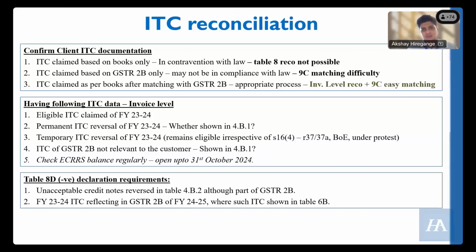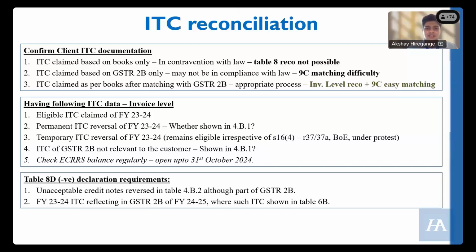Section 16(2)(c) of the law requires that for credit claim, condition of credit claim is that I need to ensure tax is paid to the government. Even though I am paying tax to my vendor, I need to ensure he has paid it to the government. The way to verify this is whether he has filed his GSTR 3B. Wherever he has not filed the GSTR 3B, your credit can be questioned basis this rule and this law.